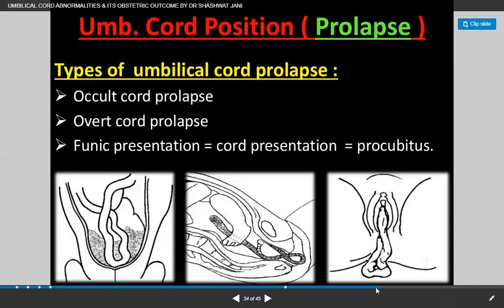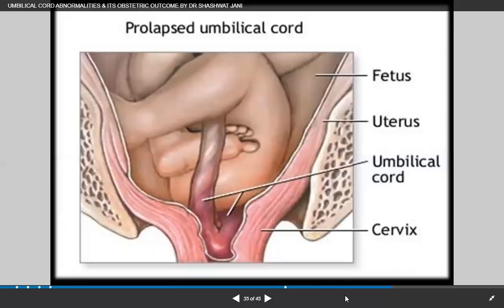That is cord prolapse. These are the types of umbilical cord prolapse. Here is the prolapsed umbilical cord. This is the fetus inside, this is the uterus, this is the cervix, and from over here we see the umbilical cord. So this is prolapsed umbilical cord.